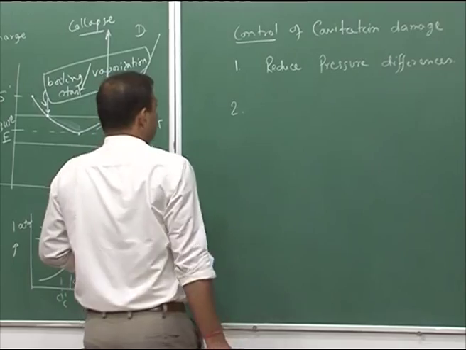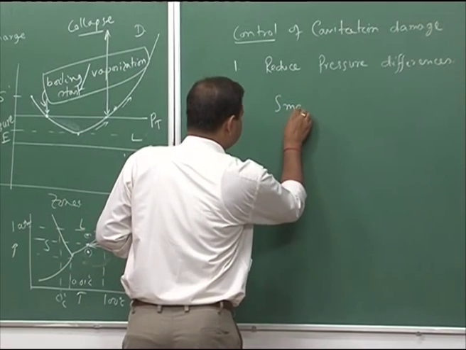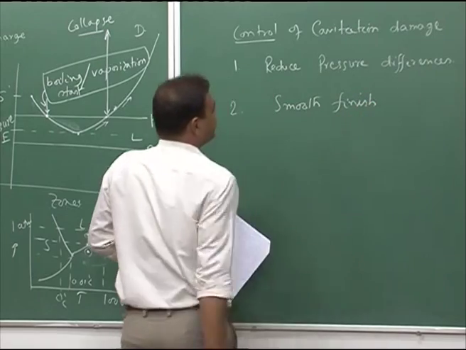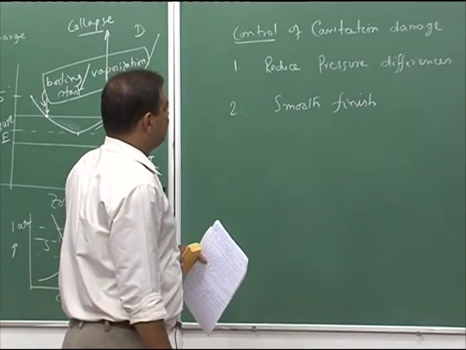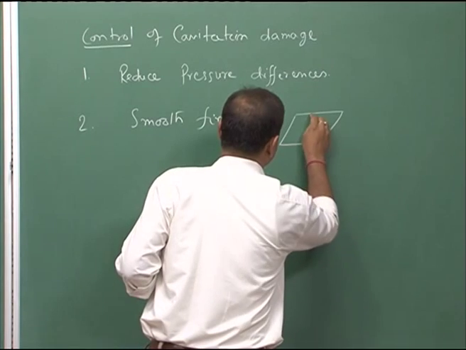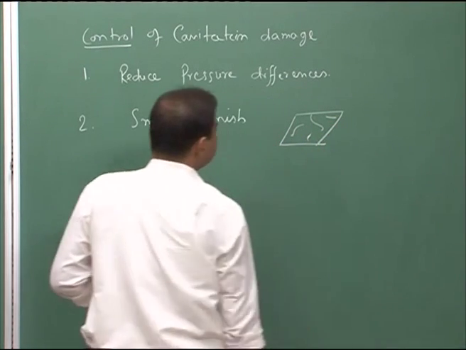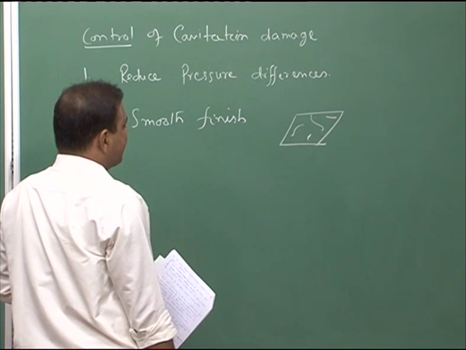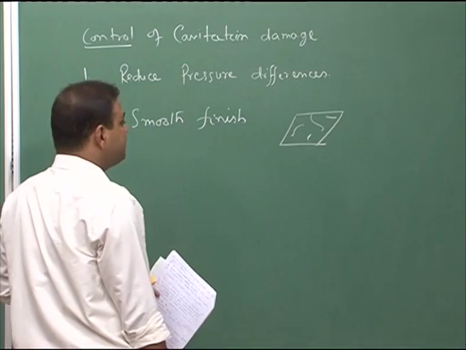Then the second case is smooth finish of the surface. Why? Because if you have, let us say this is my surface, some scratches, those scratches are primary positions for bubble nucleation.